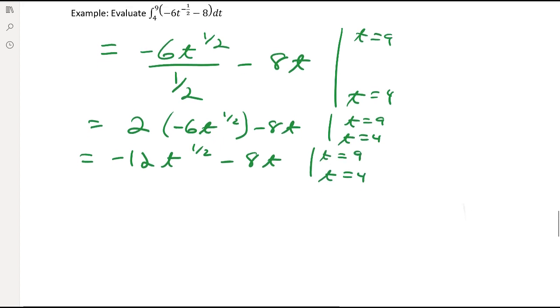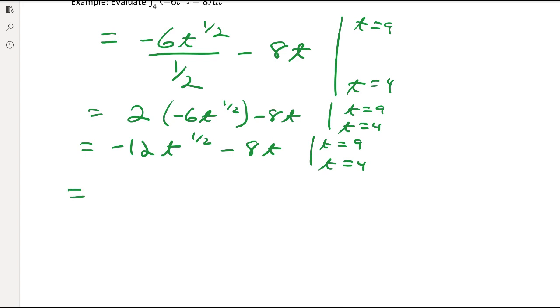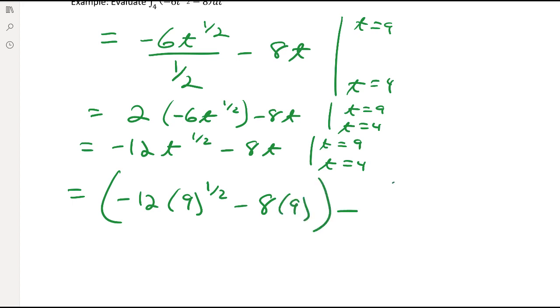All right, we are in business now, folks. Now we just plug in t equals 9. Okay, so negative 12 times 9 to the 1/2 power, which means take the square root. We'll do that in a second. Minus 8 times 9, minus the quantity. Now we plug in 4. Negative 12 times 4 to the 1/2, minus 8 times 4.